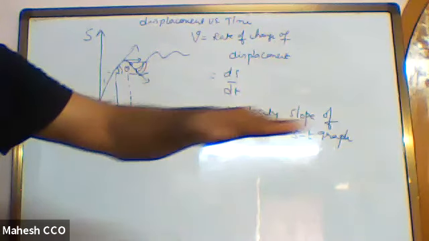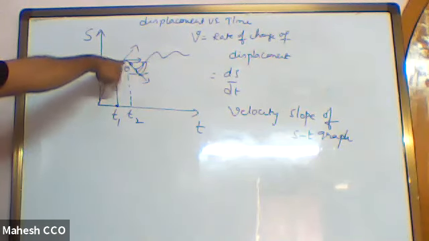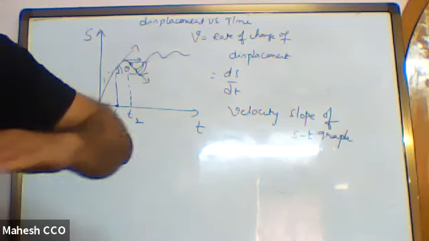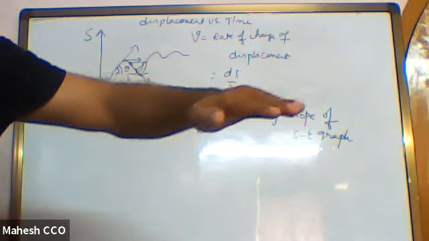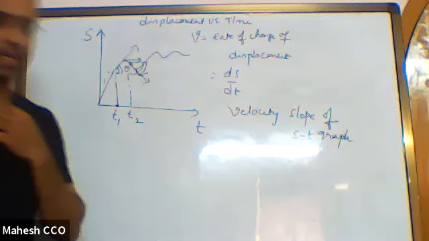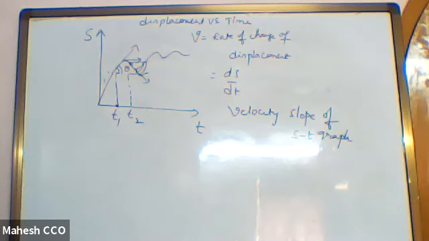So at the third instant we have considered, it is coming backward. So when we get the slope of this S-t curve negative, what we realize is that the particle is moving in the backward direction.